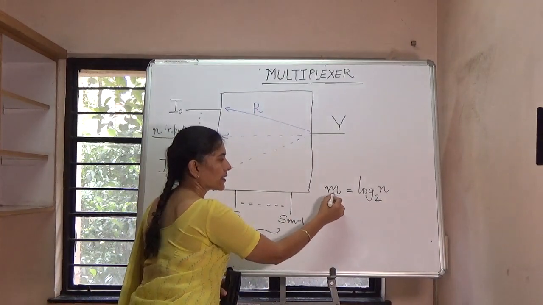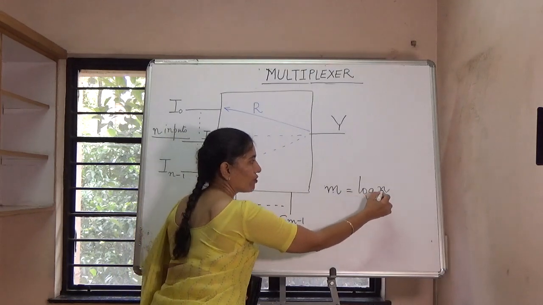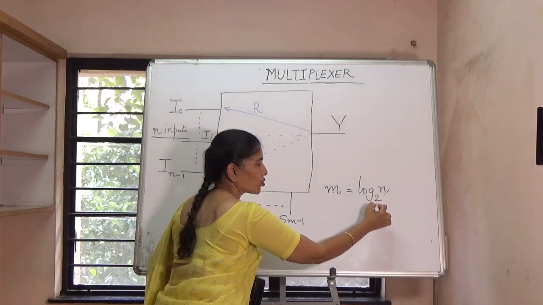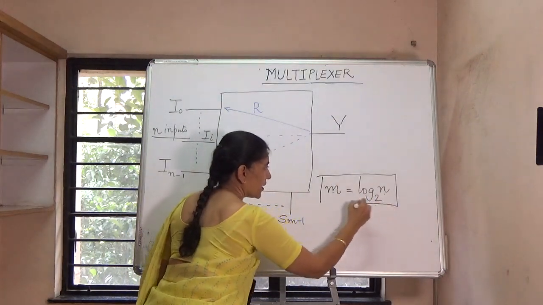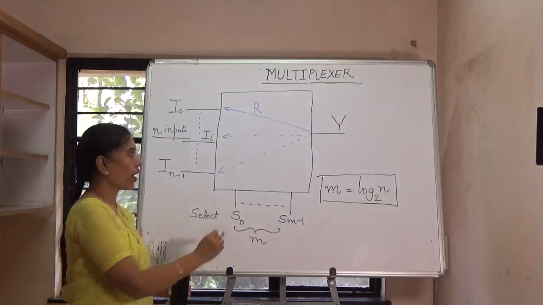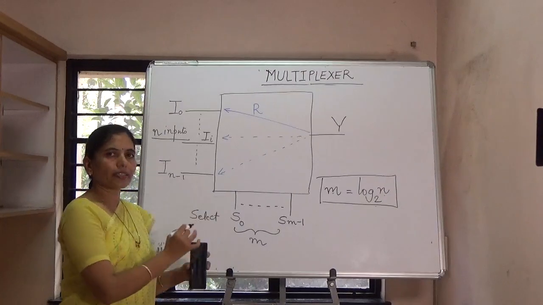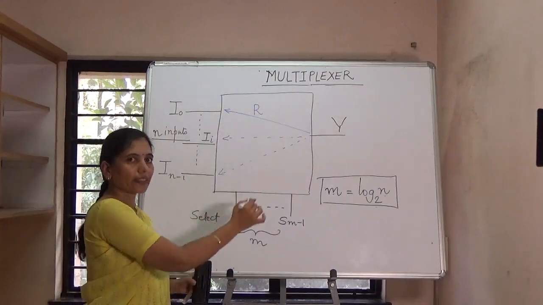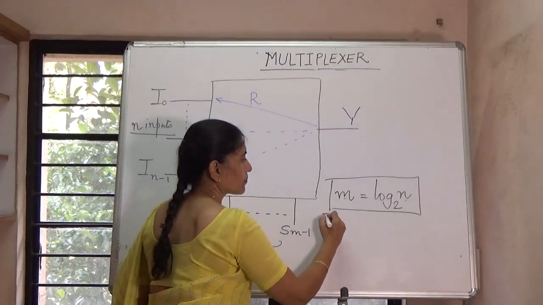So m, the number of select lines, is equal to log of the number of input lines to the base 2. With this relation we can decide how many select lines will be required to select the input lines.